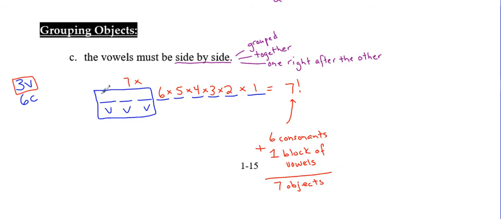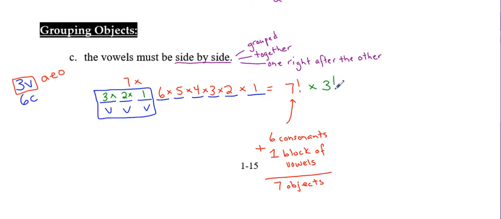Now, even though the 3 vowels don't have to be first, they do have to stay together, but the 3 vowels, which are A, E, and O, it doesn't say which order those 3 vowels have to occur. So the 3 vowels can also rotate, and they can be arranged in 3 factorial ways. So as these 7 objects are being arranged, the 3 vowels are being arranged within that arrangement.